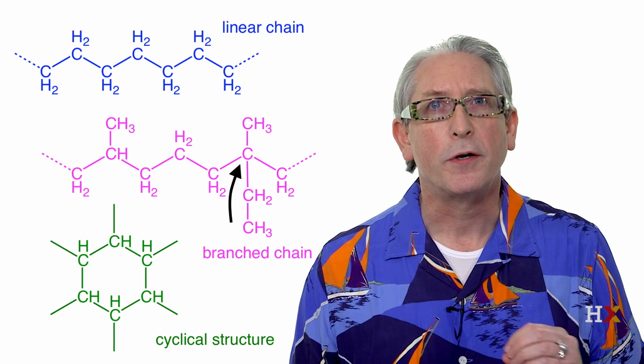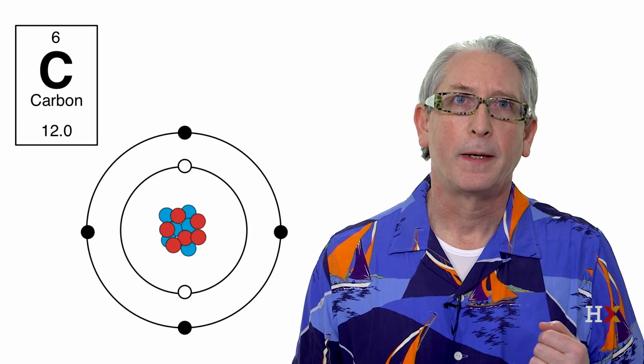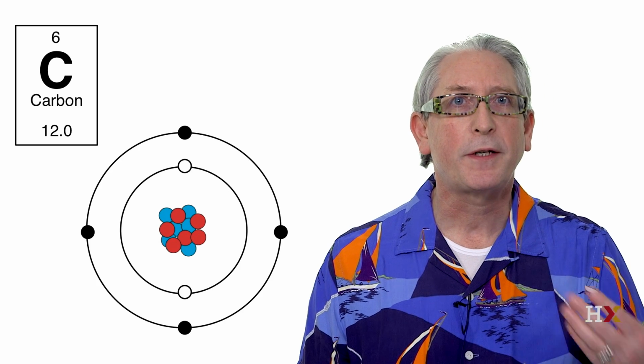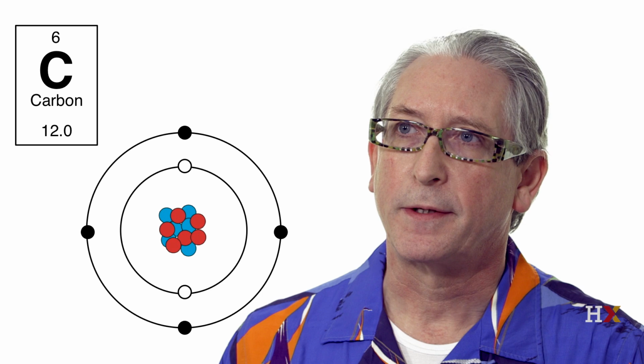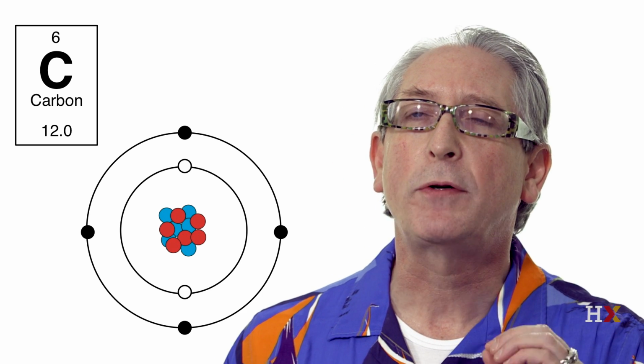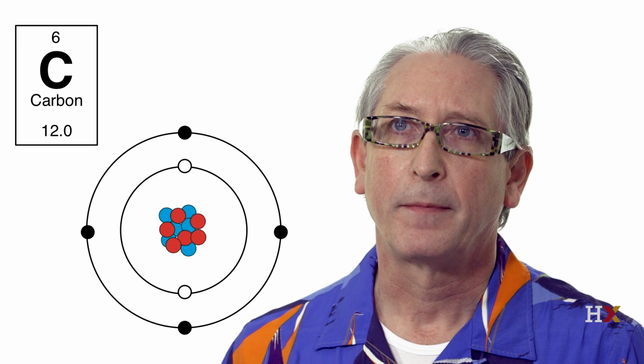So let's take a look at a carbon atom. Carbon has 6 protons, 6 neutrons and 6 electrons. The number of electrons and their position in atomic orbitals are key to carbon's versatility. Electrons are distributed in space with specific shapes called orbitals. For carbon, the first 2 orbitals, each containing 2 electrons, are spherical and are called 1s and 2s.